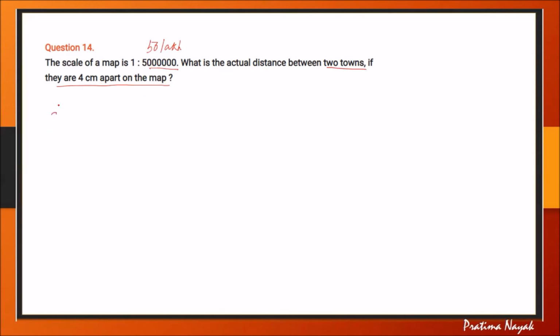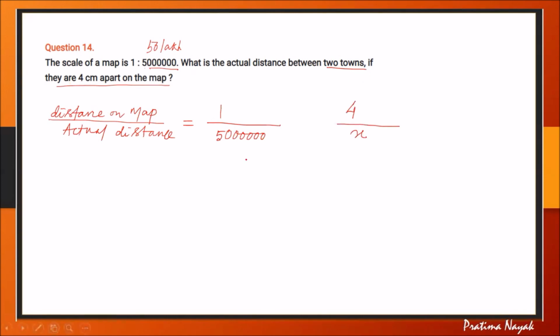The ratio of distance on the map and actual distance is equal to 1 by 50 lakh. Now, if the distance on the map is 4 centimeter, what will be the distance actually?